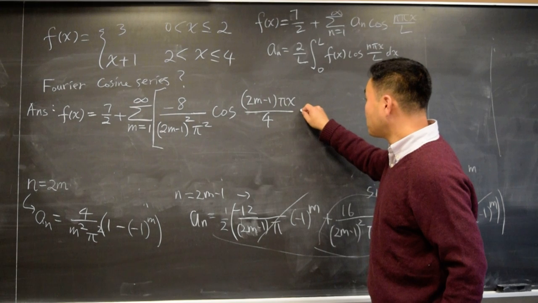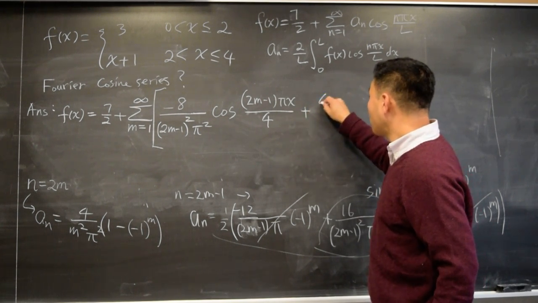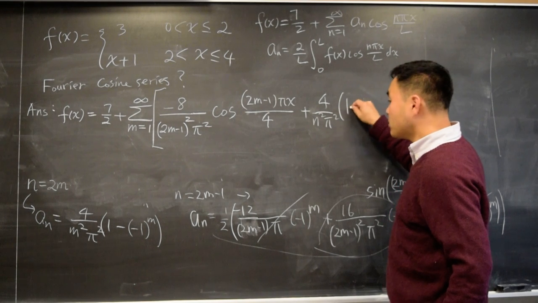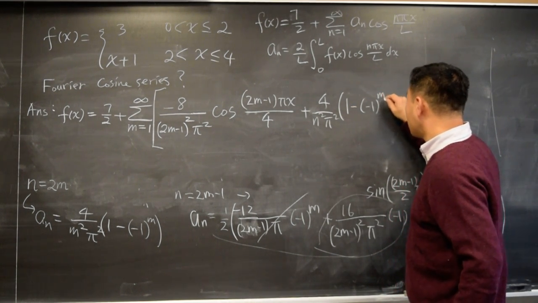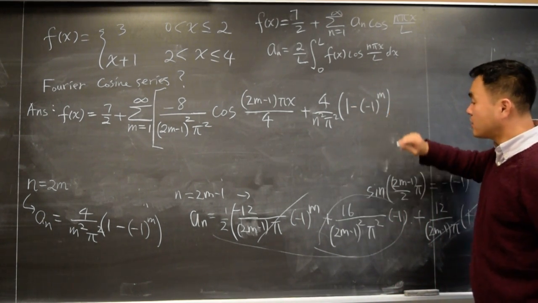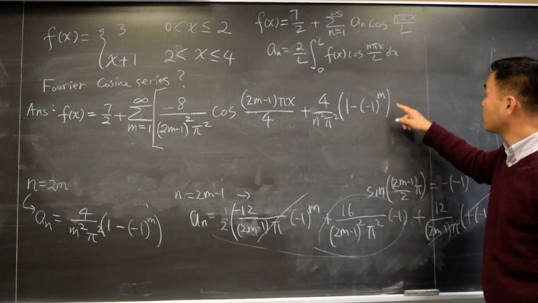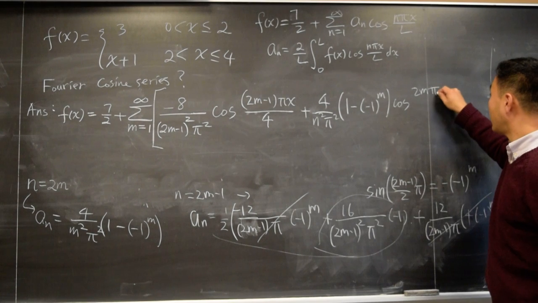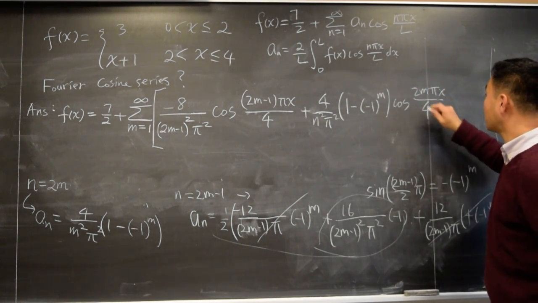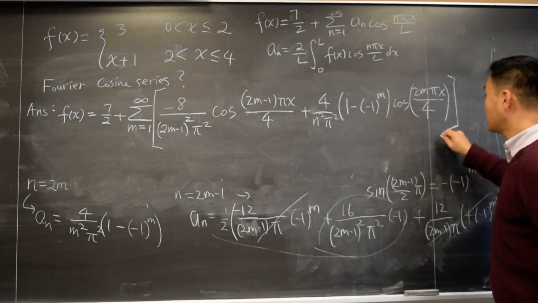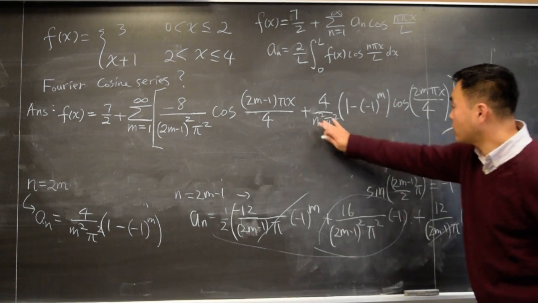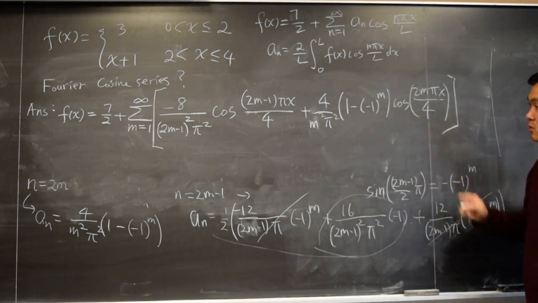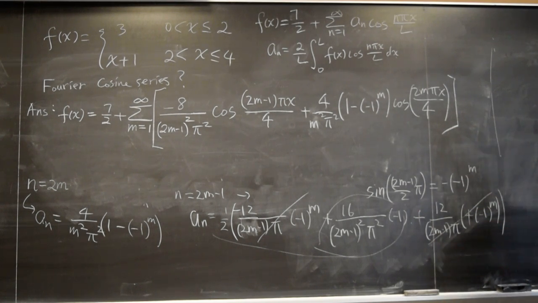So plus 4 over m squared pi squared, 1 minus negative 1 to the mth power, of cosine 2m pi x over 4. It's not m squared pi squared? Oh, sorry, sir. m squared pi squared, yes. Okay, so make sure everything is in terms of m, and that's good. Okay, so that's the final answer.